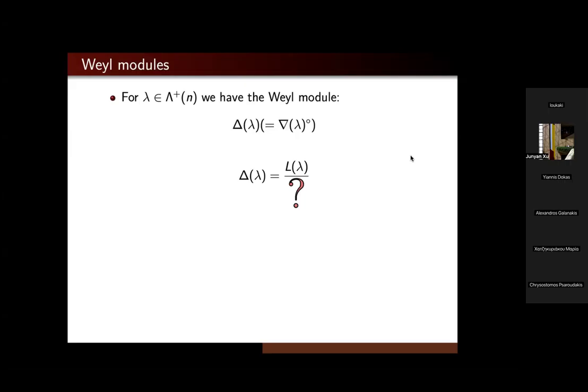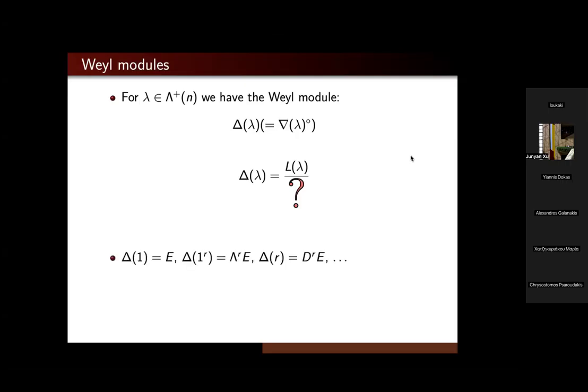If we knew the decomposition numbers and the composition factors of the Weyl model, we would know the composition factors of the induced model, and in turn, we would know the characters of the irreducible models. So it's a no-go area. It's really difficult, and we don't have an intuition of what's going on there.